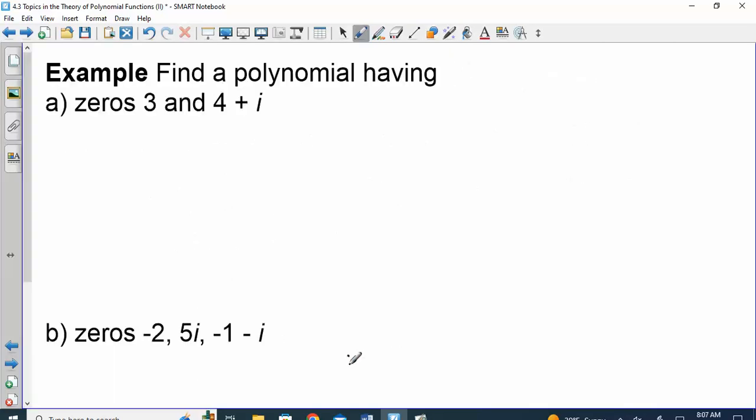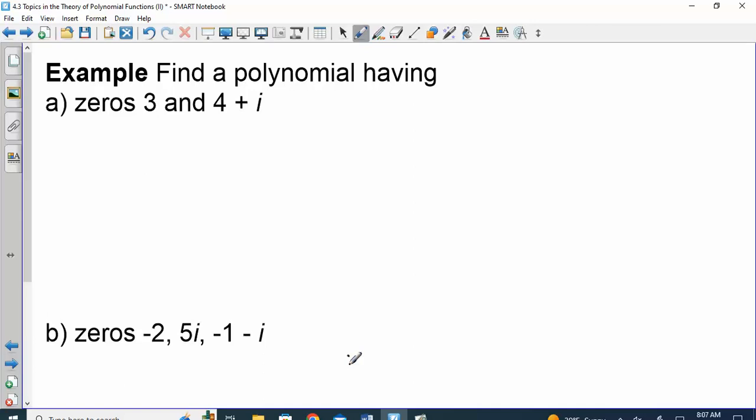Let's look at a problem. I want to find a polynomial that meets these requirements. So my zeros are 3 and 4 plus i. I only gave you 2 zeros.